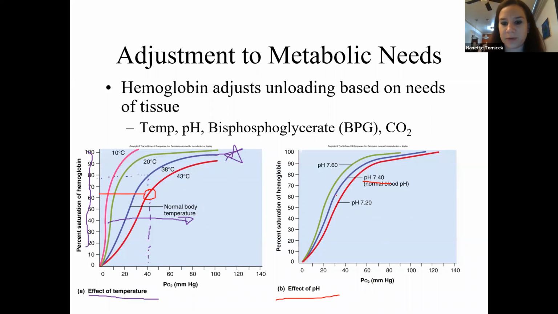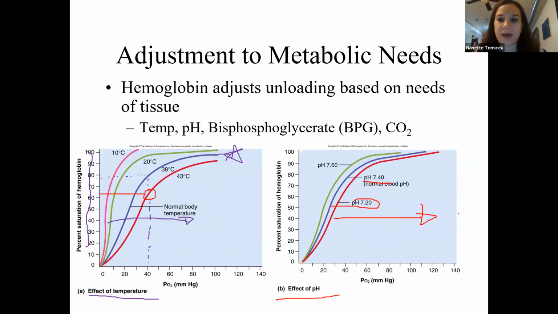So that will drop your pH, and we'll see we're kind of moving with this shift in this direction on the curve. So that mechanism is really cool in that as you start to need more oxygen in your tissues, things like CO2, temperature, and pH will help unload a little bit more oxygen off of your hemoglobin molecules.